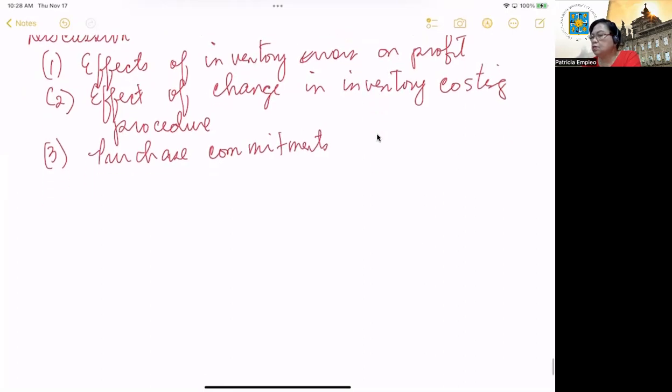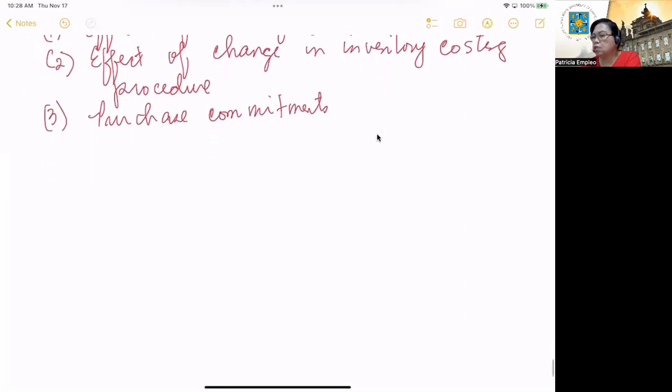Okay, so we start with the first one, inventory errors. Our principle would revolve around the effect of beginning inventory and ending inventory on net income. As you may have recalled, we have previously discussed this, so let us take a review.